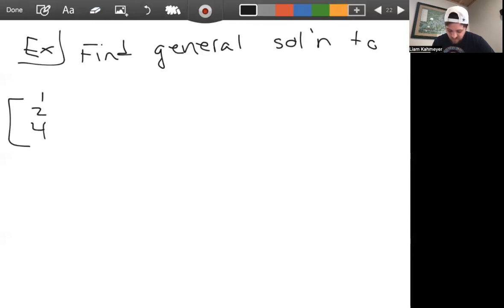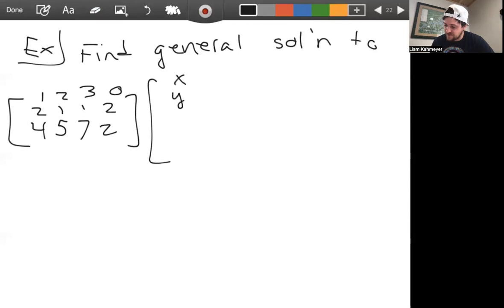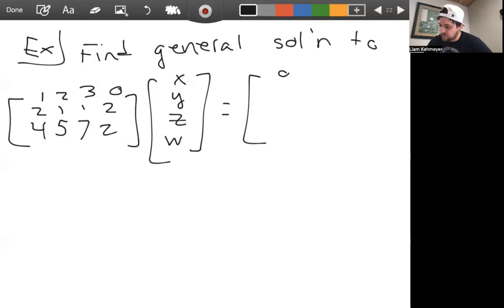So 1, 2, 4, 2, 1, 5, 3, 1, 7, 0, 2, 2. Notice it's the same matrix A, and x, y, z, w, same vector x. But now instead of this being a homogeneous system, let's set this equal to 9, 7, 25. And we want to find the general solution to this system.